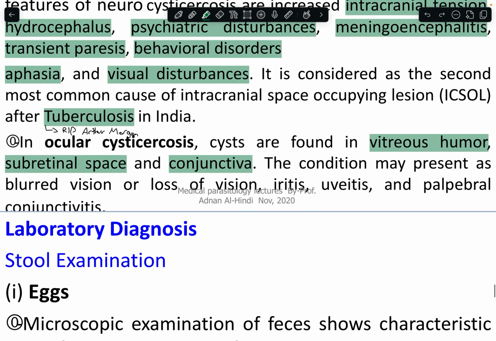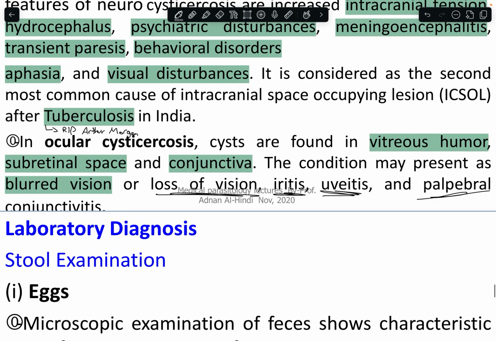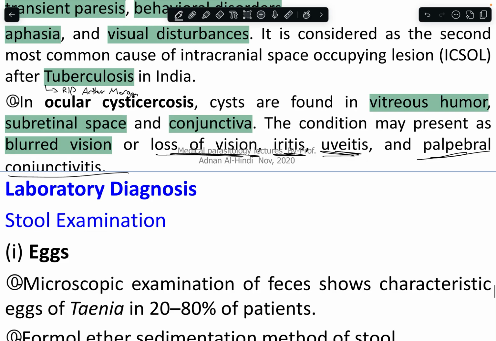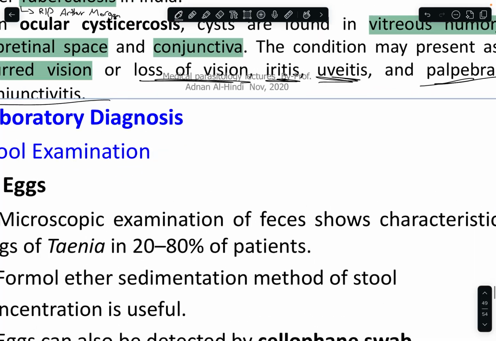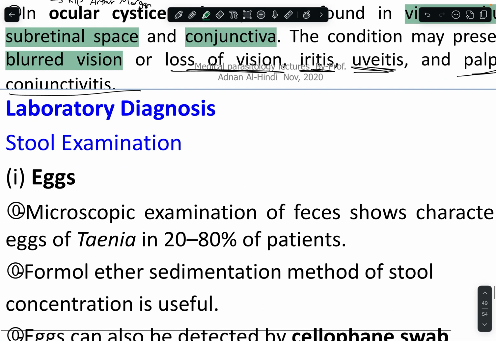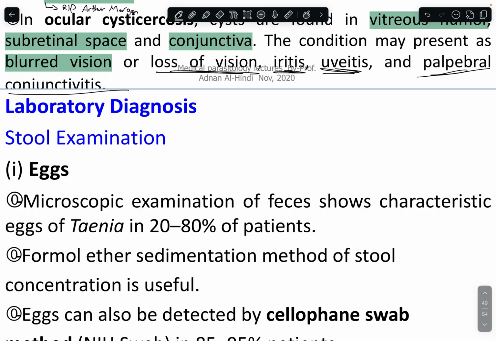The condition may present as blurred vision, loss of vision, iritis, uveitis, and palpebral conjunctivitis.